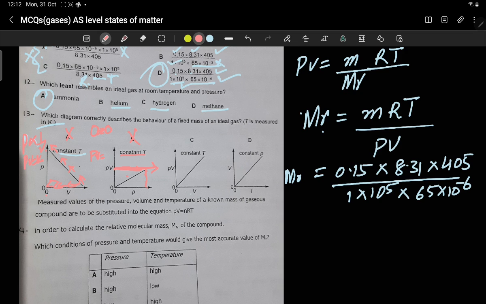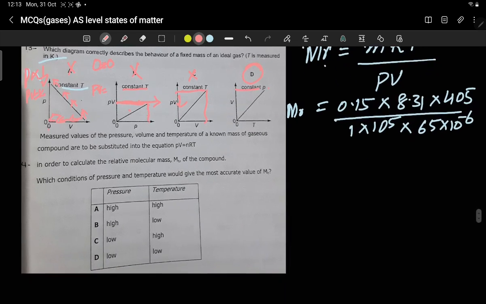Again, PV versus V, PV is equal to constant at constant temperature, and by increasing pressure, volume is not increased, volume is decreased. So this is also incorrect. So this is the correct option, because by increasing temperature volume is increased at constant pressure. So this graph is correct.